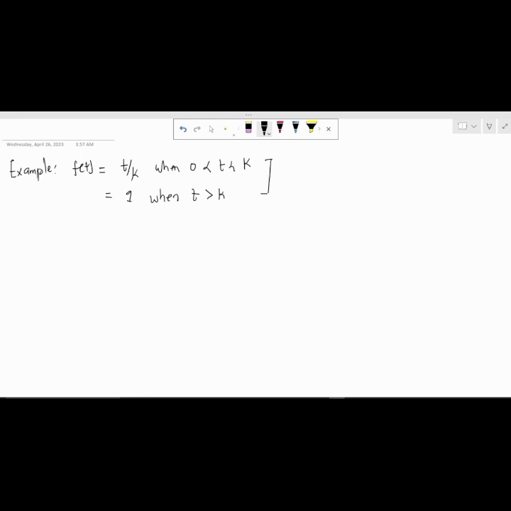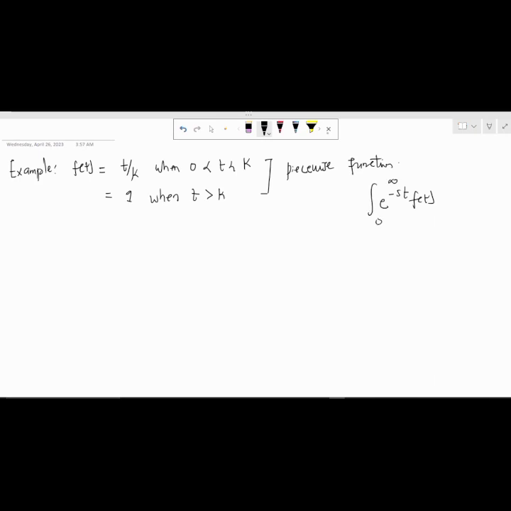So this is a piecewise function. How do we find the Laplace transform of this? Remember, a Laplace transform is simply taking the function and multiplying it by e raised to the power minus st, and then integrating it from 0 to infinity.